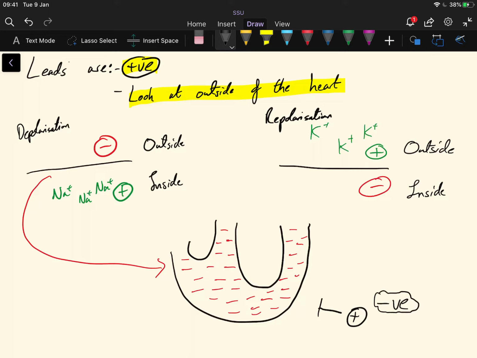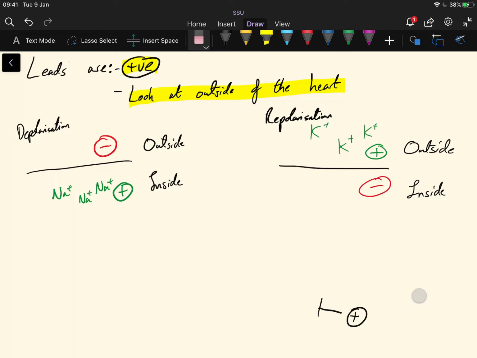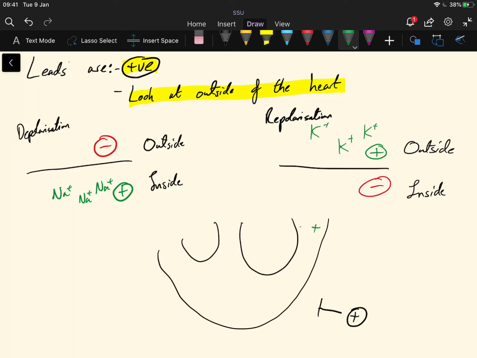However, we'll rub all this out. That's with depolarization. When we have repolarization on the other side, what we see is all these sodium ions moving out of the inside of the cell.